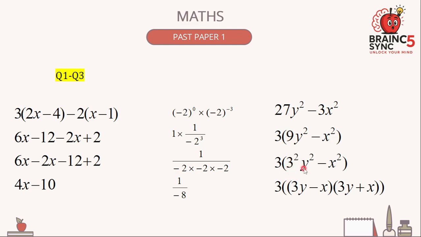So we have 3 to the power 2, y to the power 2, and negative x to the power 2. Everything has a power 2. That is when we introduce the difference of two squares method, which is the same expression but with different signs. If the first one was a positive, it's going to be negative here. But this is a negative, so this will be a positive. This is how you answer this.